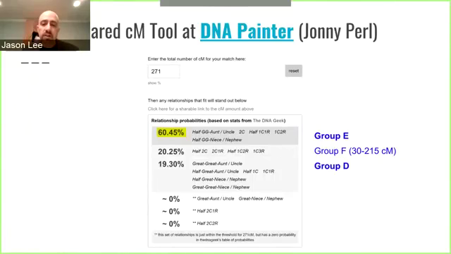So that includes the possibility of second cousins. Group F and Group D are also possible with this amount of DNA. About 20% chance of Group F, 20% chance of Group D. And the possibilities there include half second cousin or half first cousin, but those are thought to be less likely according to the information provided by DNA Painter.